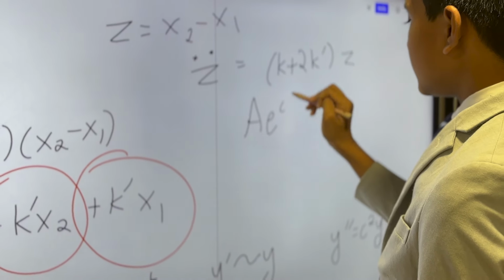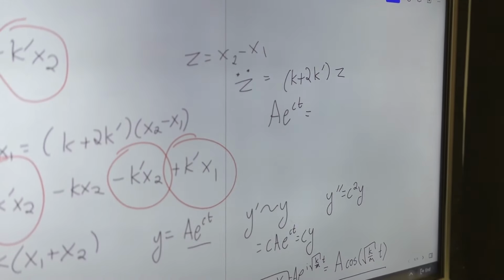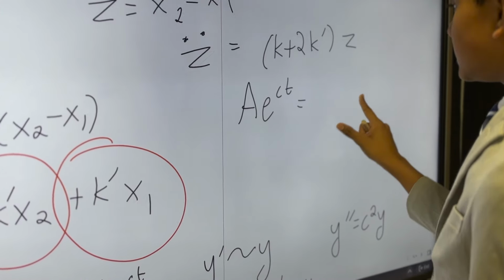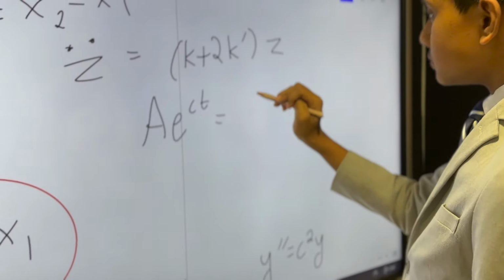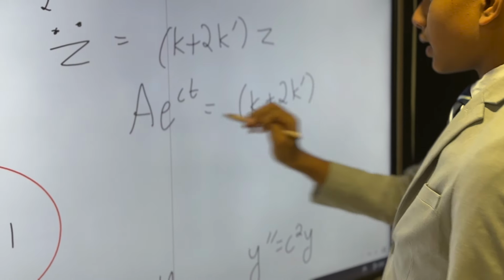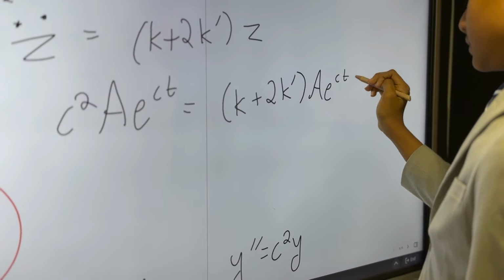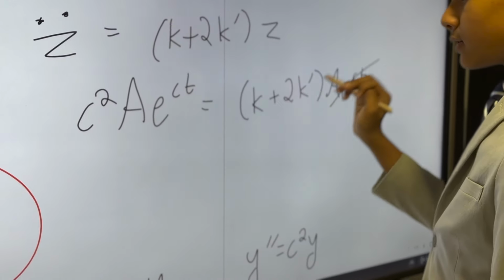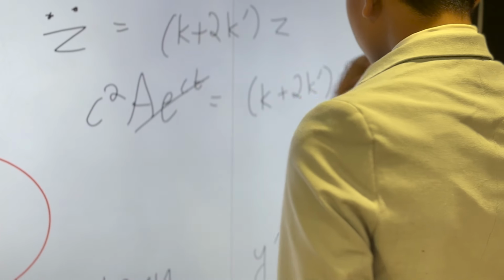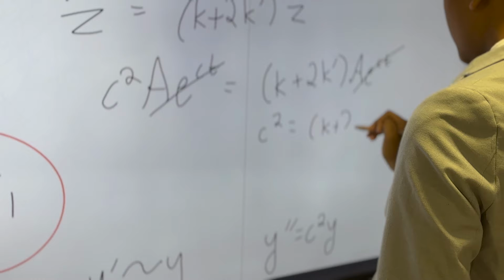We get A e to the ct is equal to k plus 2k prime, and this would be c squared. A e to the ct, which means that, cancelling these two out, c squared is equal to k plus 2k prime.